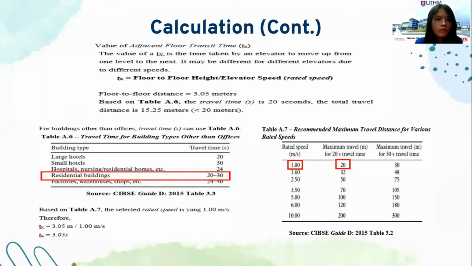For the adjustment for transit time, based on table 8.6, the travel time is 20 seconds; the total travel distance is 15.25 meters, which is less than 20 meters. So based on table 8.7, the selected rated speed is 1.00 meter per second, therefore the TV is 3.05 seconds.